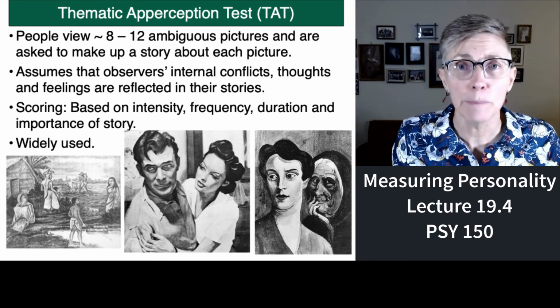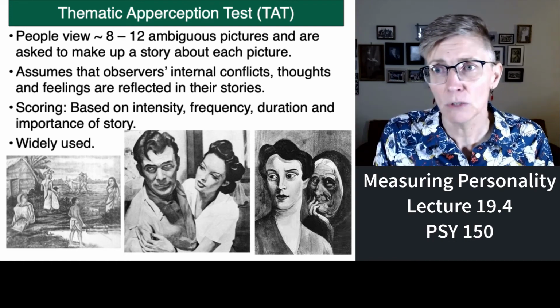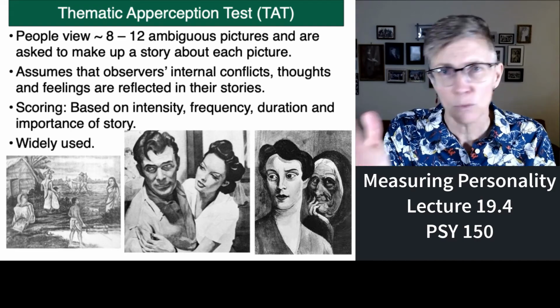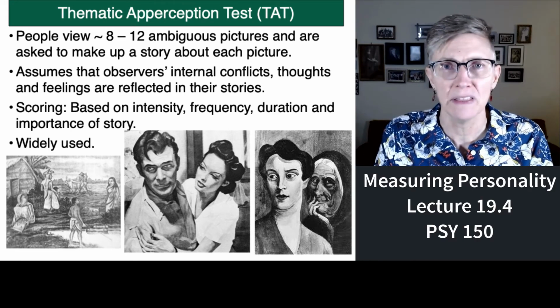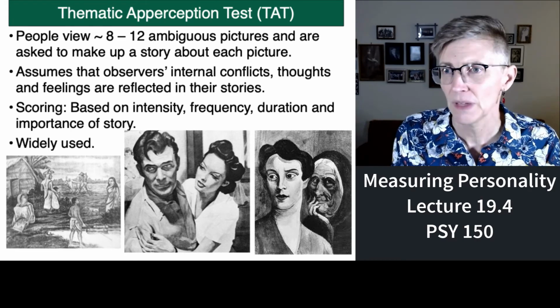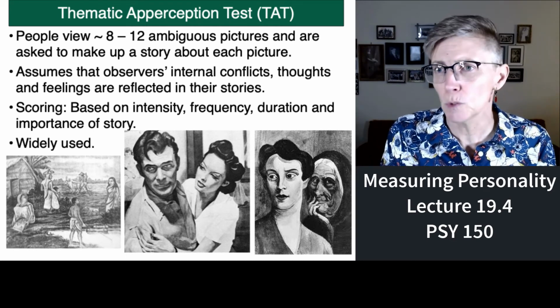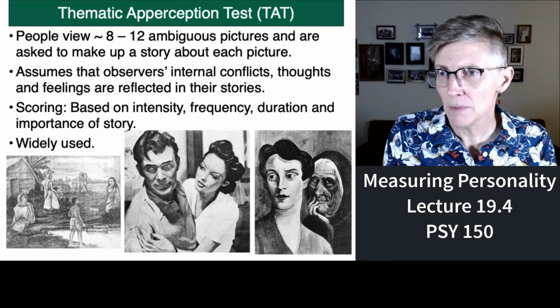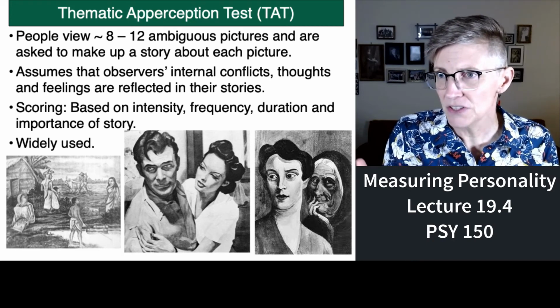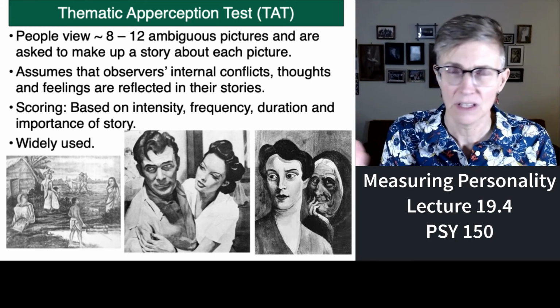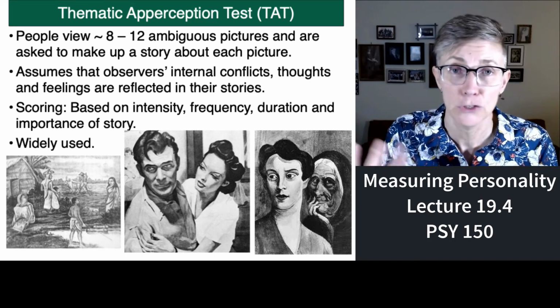And you just look at that picture and you're asked to say, tell me a story. What do you think is going on in these? What is this guy thinking? What is the woman thinking? Tell me a story. On the far right, there's a young woman and an older woman, and you could say, well, maybe the older woman is thinking about her life when she was young, and the young woman's thinking about how she wants to get a new job, whatever.